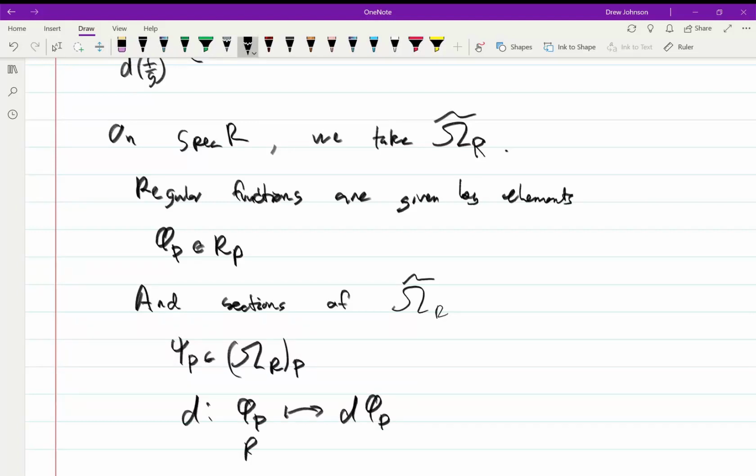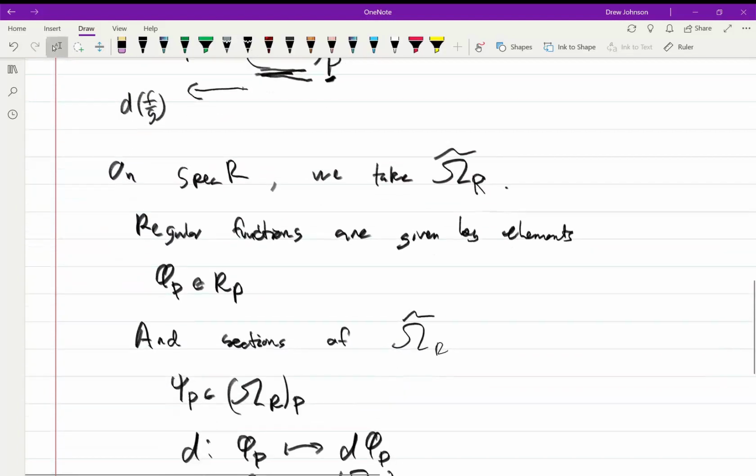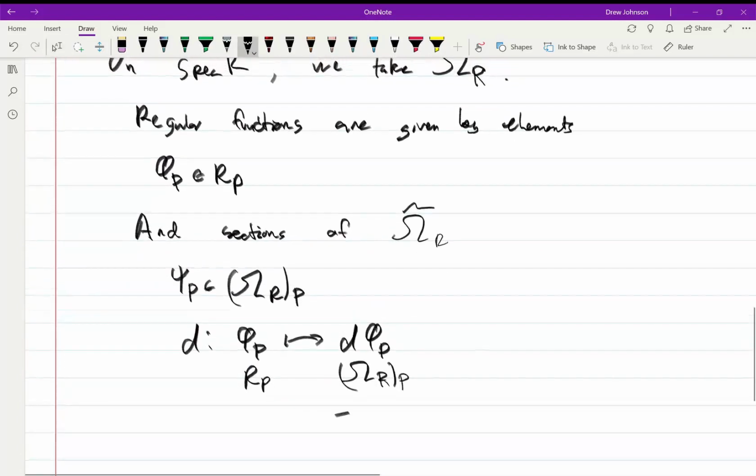This is in R_P, and this is in omega R localized at P, which is the same as omega R_P.